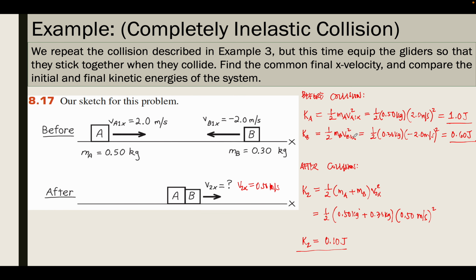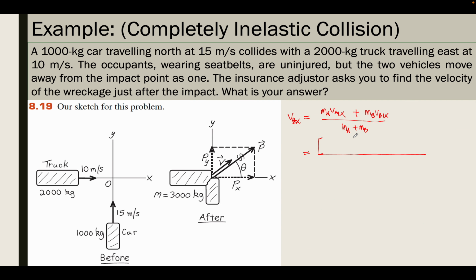So we know that for a completely inelastic collision, the total kinetic energy of the system after the collision is much lesser than before the collision. So that is for the initial and final kinetic energies of the system for this example. Okay, so let's proceed to another example.